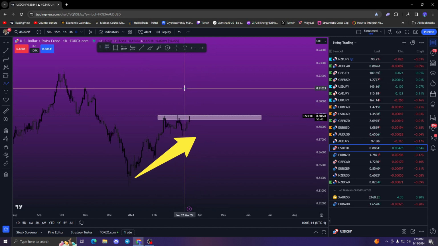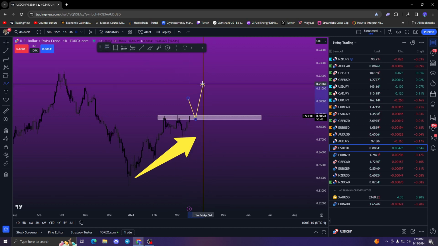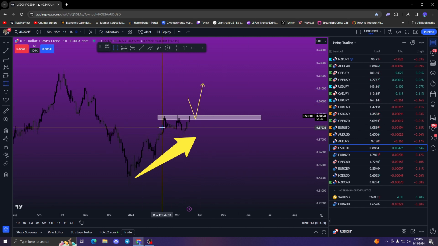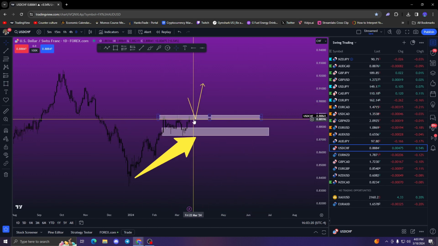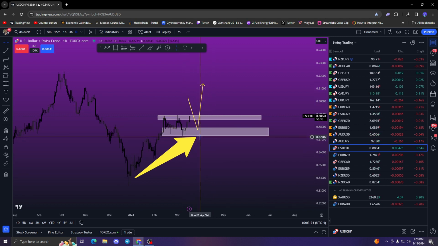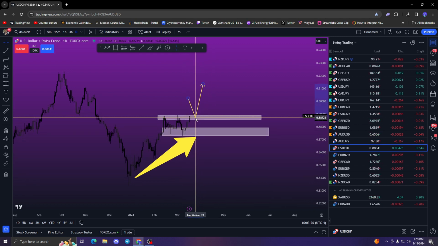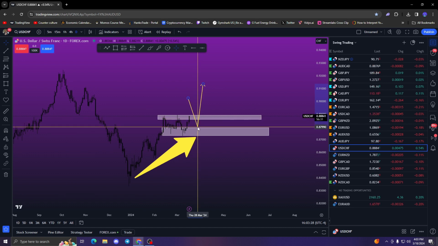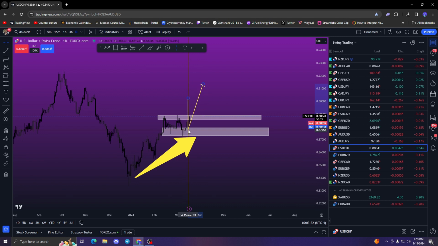And even if it doesn't retest here, we still have this whole area price can pull into to then continue to look for buys. So if price doesn't retest here and continues to push lower, my second option for buys is right here at this support level. So either way, I'll be looking for buys.